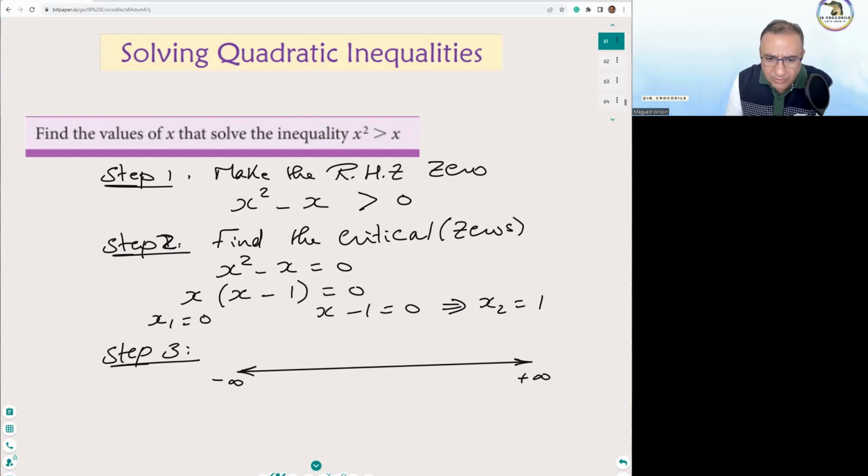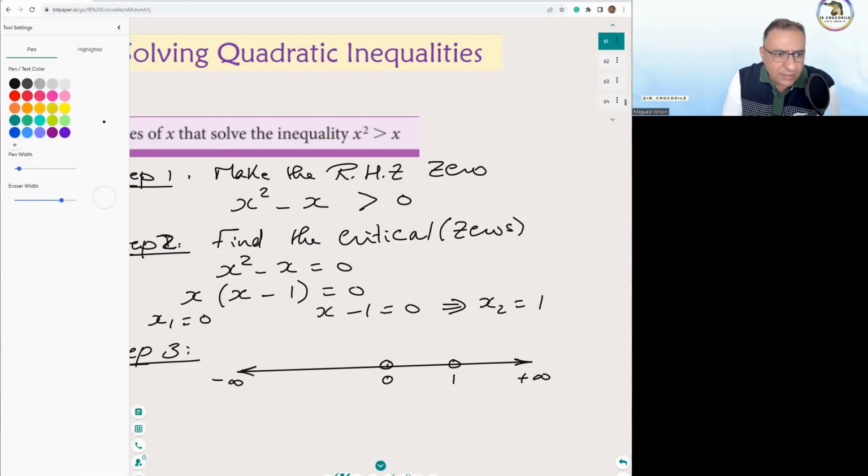The 0 here already is one of our points, and I would draw an open circle here. Why? Because we don't have an or equal to; we have just greater than. And then at x equals 1, not to scale, it's fine, I put another one here.